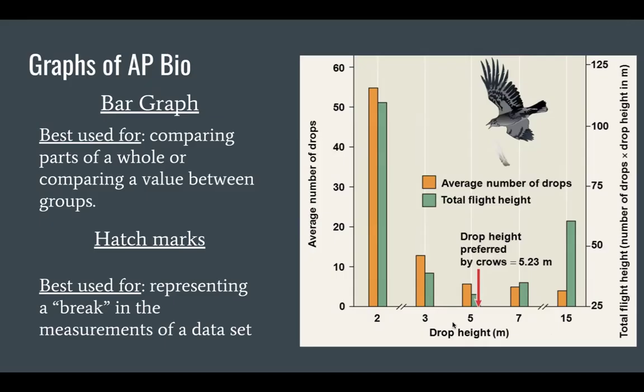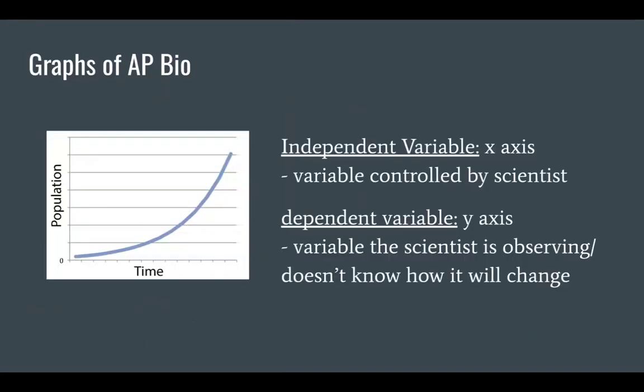So in this case, we're looking at drop height and how the different drop heights influence the average number of drops that a bird had to take and the total flight height that the bird made over time.